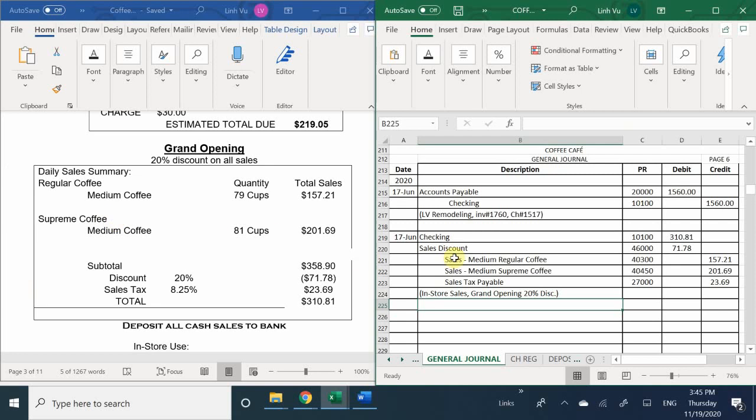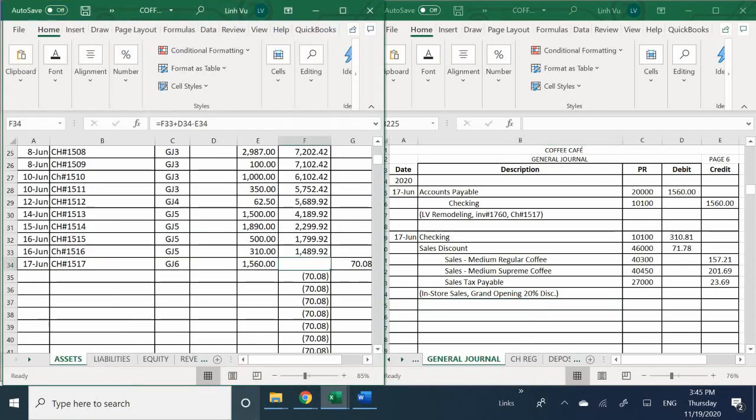So what do we do next? We can go to the ledger because we have revenue, right?